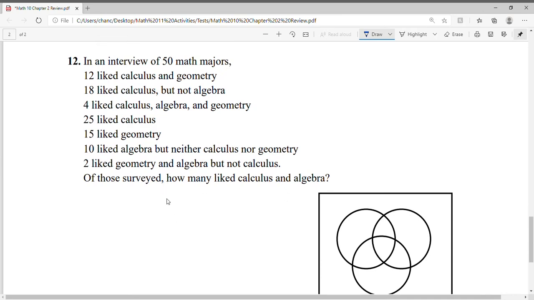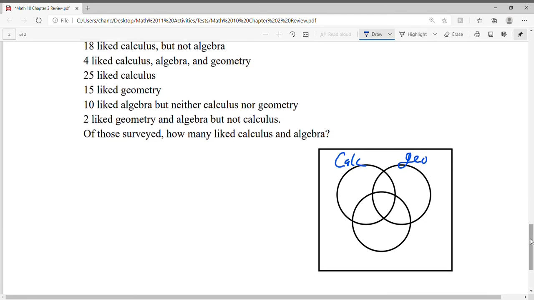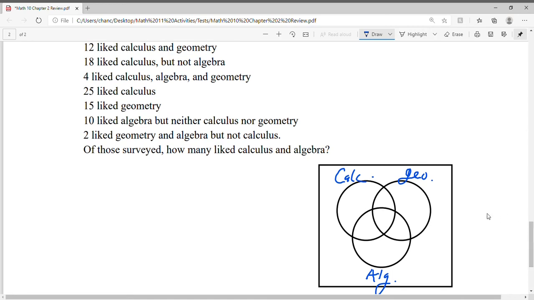So I always like to start out with the middle and find out who likes all 3 subjects. So let's just put calculus, geometry, and algebra here down at the bottom. Right here we have 4 liked calculus, algebra, and geometry. So I'm going to put that number right in the middle. That will be 4.